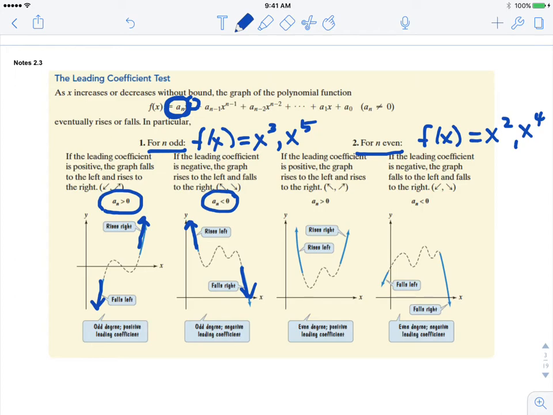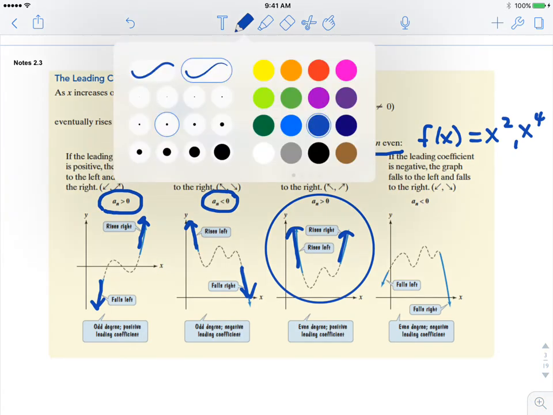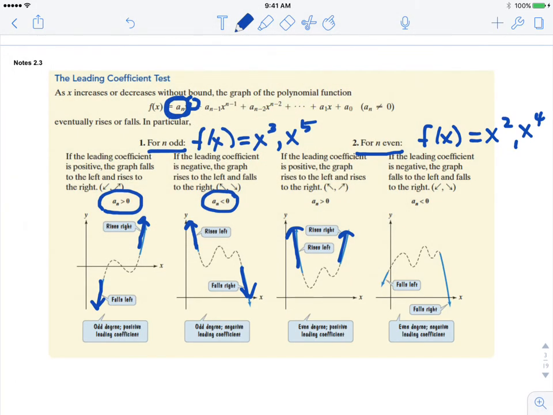If your end behavior rises on the right and rises on the left, your leading coefficient will be greater than 0. The second one, it's going to fall on the right and fall on the left. That means your leading coefficient is a negative number. Your a number is negative.